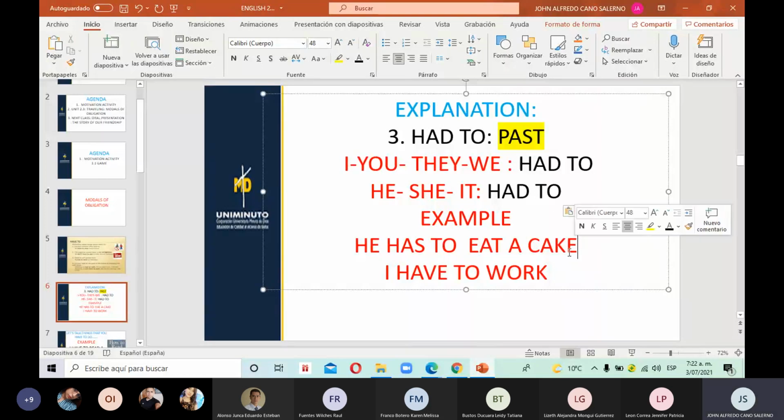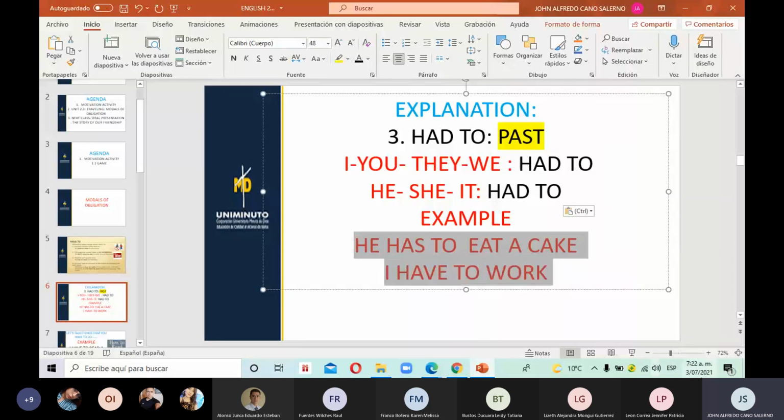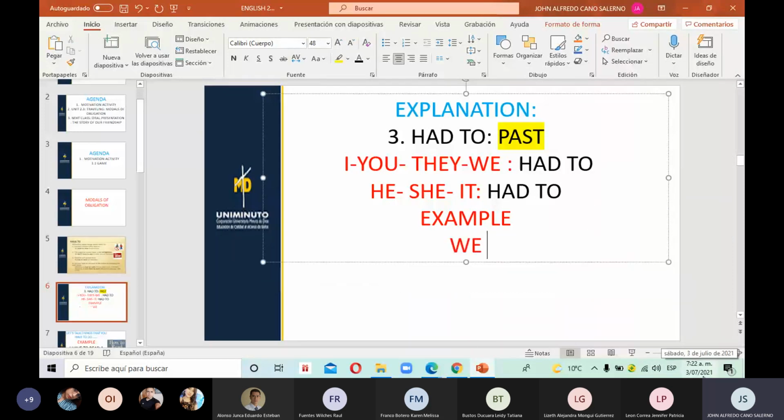Example, number 1, we had to write, okay, a paper. We had to write. Nosotros tuvimos que escribir.